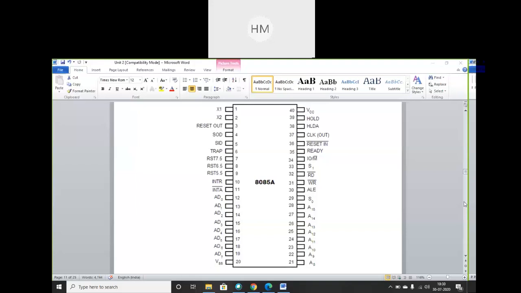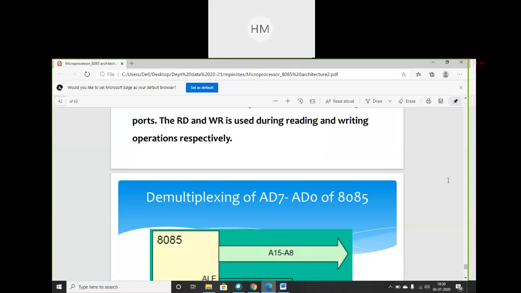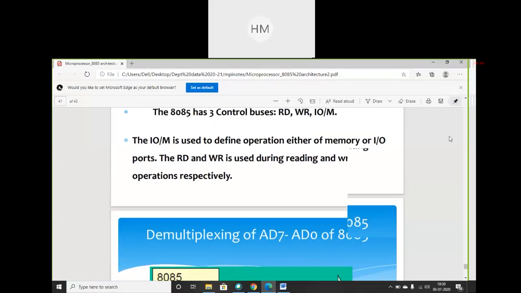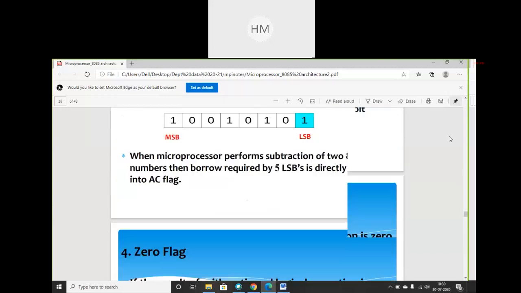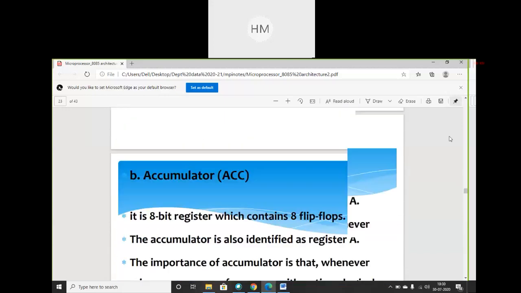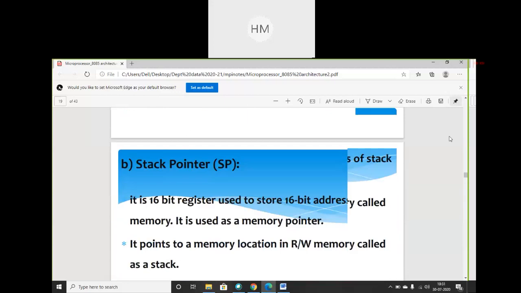Okay, so finished with the Venn diagram. So only two students, 54 and 55, I have marked present. Okay.